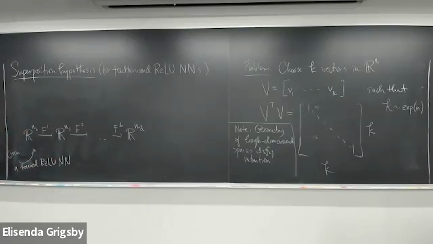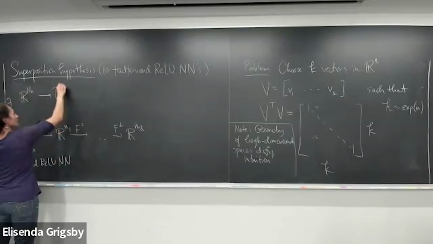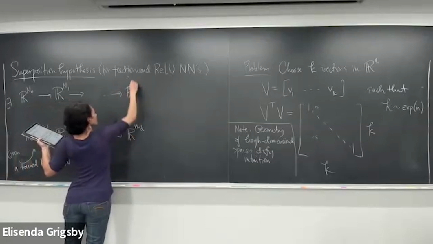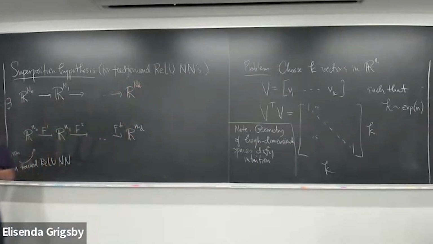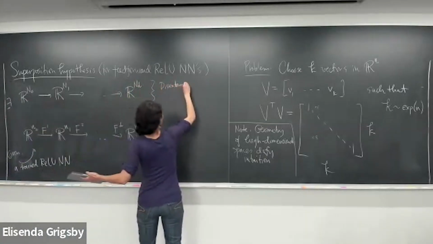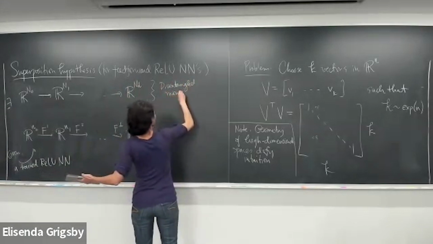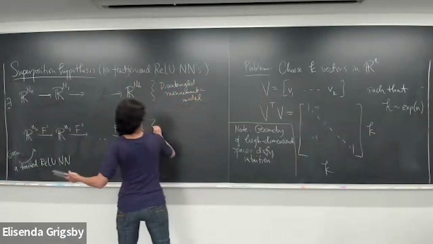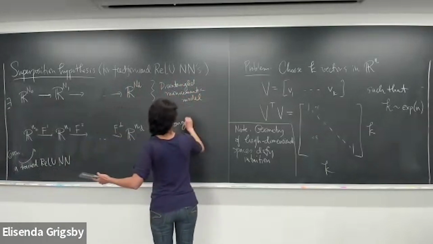the superposition hypothesis posits that there exists some higher dimensional model, which we call the disentangled, monosemantic model. And this is the entangled real world polysemantic model.